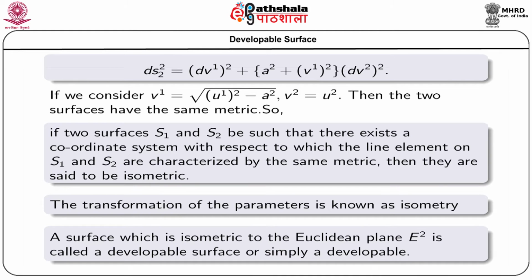Now, we come to the definition of developable surface. A surface which is isometric to the Euclidean plane E2 is called a developable surface or simply a developable.